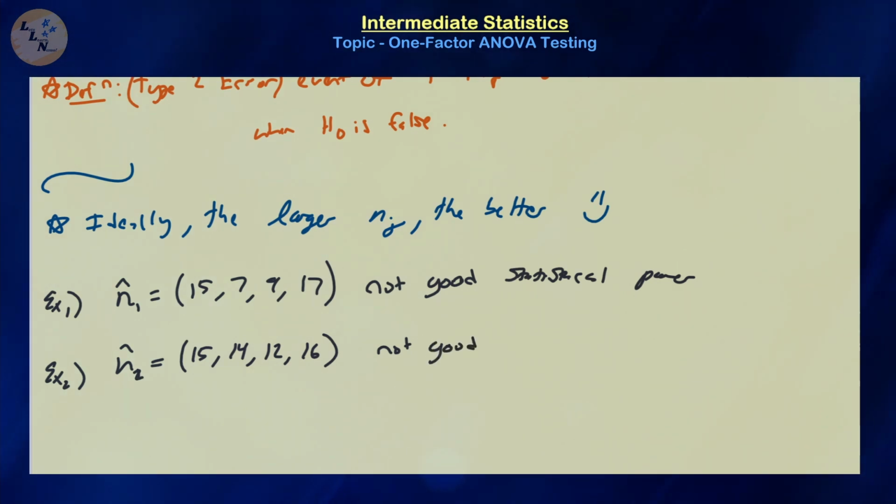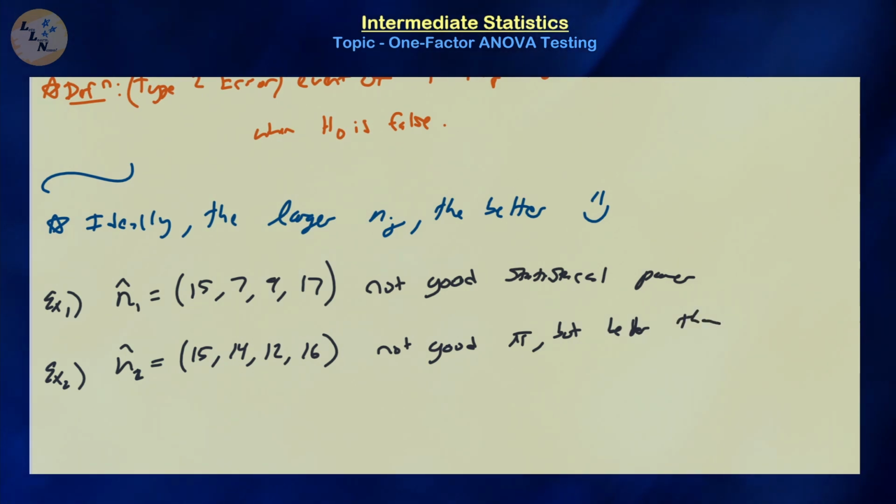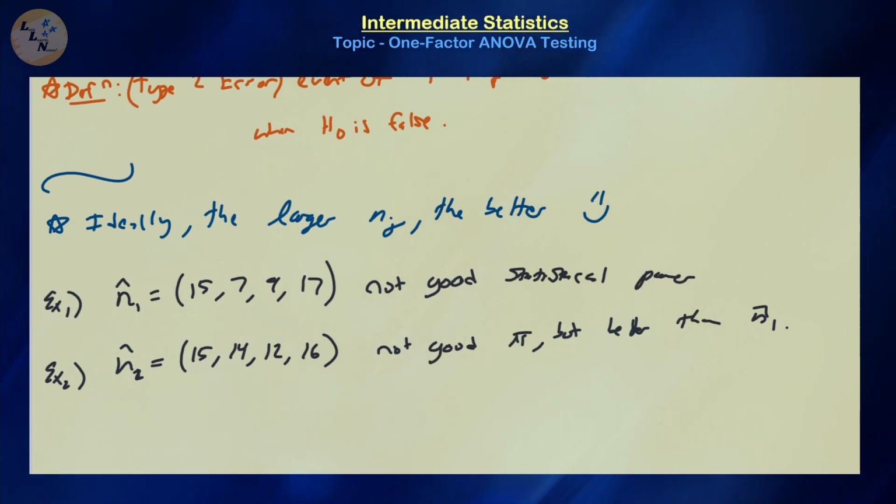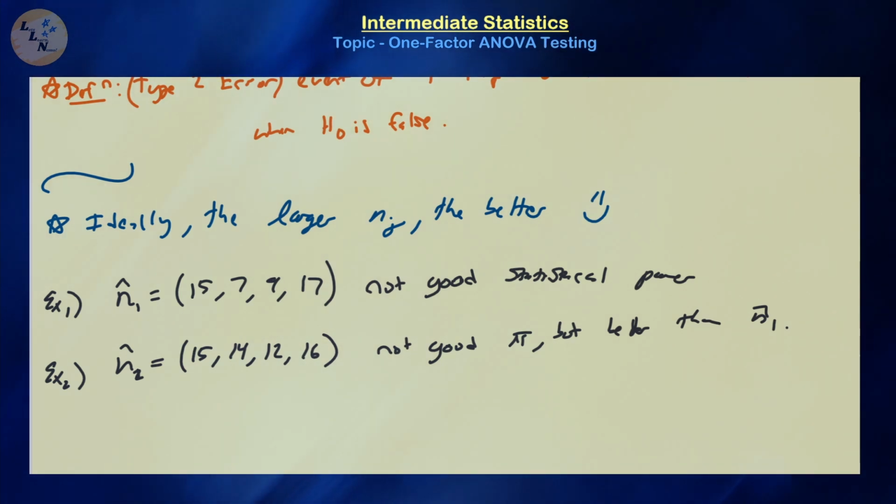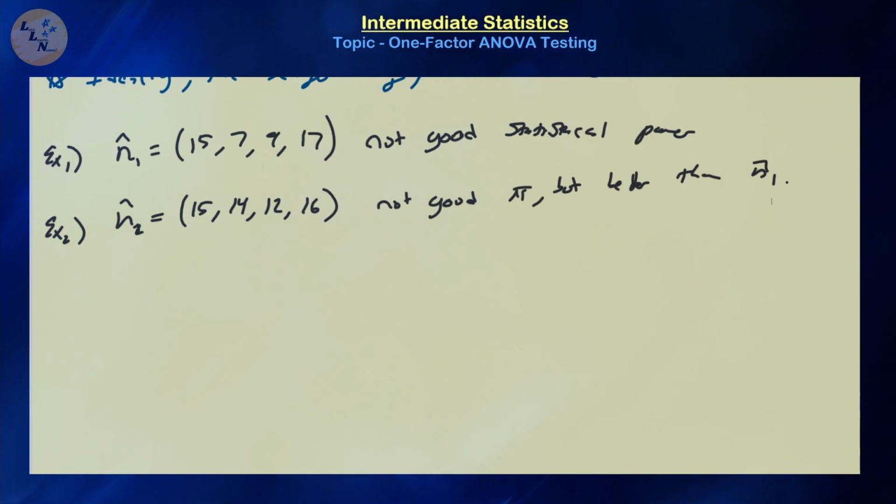This is not good statistical power either, but it's better than n vector 1 because the sample sizes are closer to each other. There are some statistical tests to see how spread out they are. Think about what metric you would use to test whether the variance or the range is close to 0, and maybe see how to build a nice little test for that. But remember, good statistical power is when all our group sizes are equal to each other.